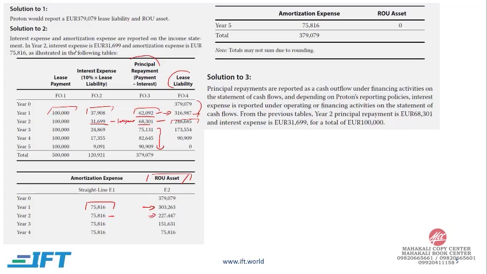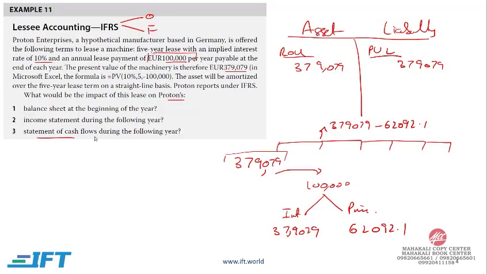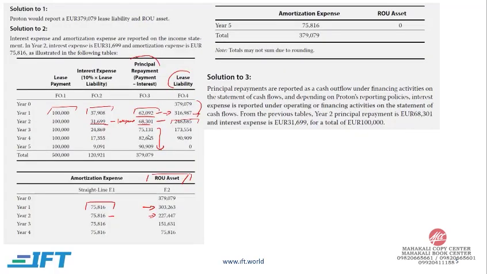Now your last part is the statement of cash flows during the following year. So again, we are paying 100,000. Out of this 100,000, there are two components. One is the interest component, the other one is the principal component.